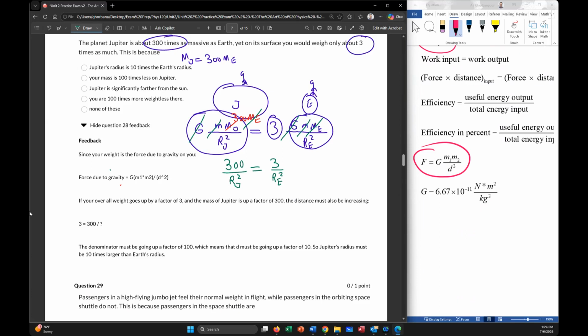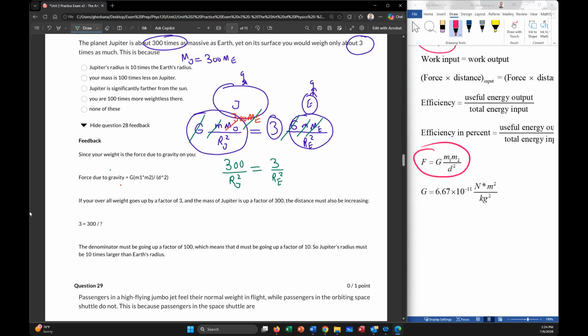Good. Okay. So which one do you think? Jupiter radius is 10 times radius of Earth? Your mass is 100 times less. Jupiter is significantly farther from the sun. You are 100 times more weight than... It's not talking about the weight. The only answer that is talking about the radius is which one? You don't need to keep calculating this.